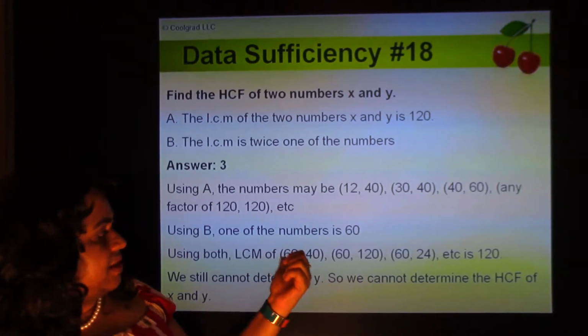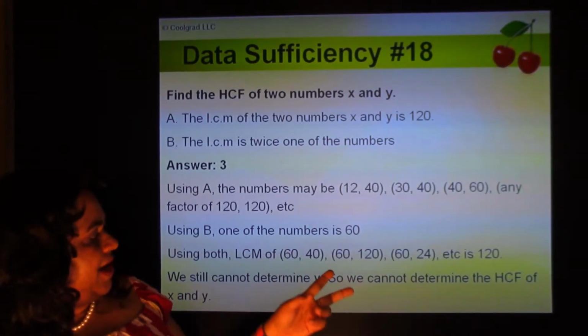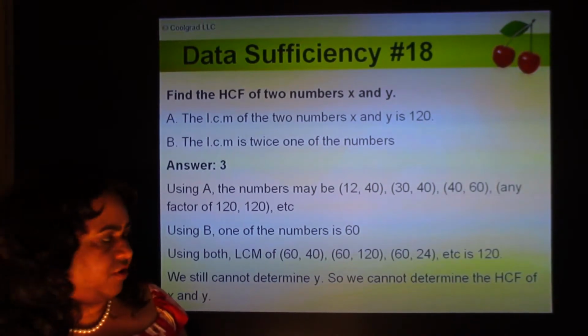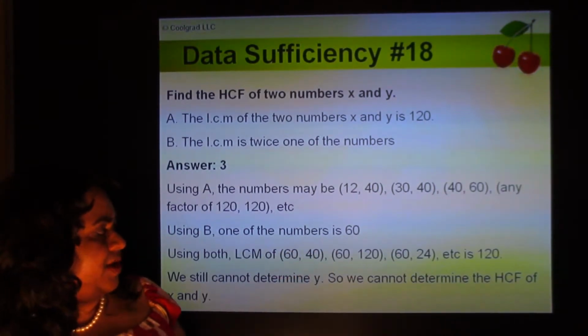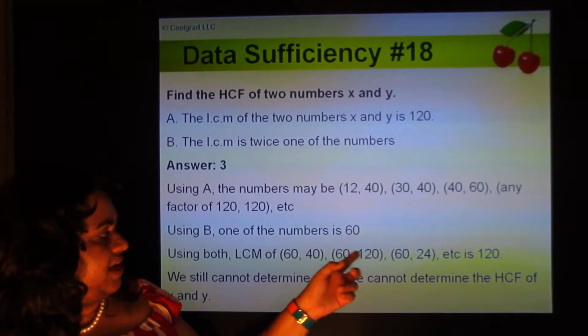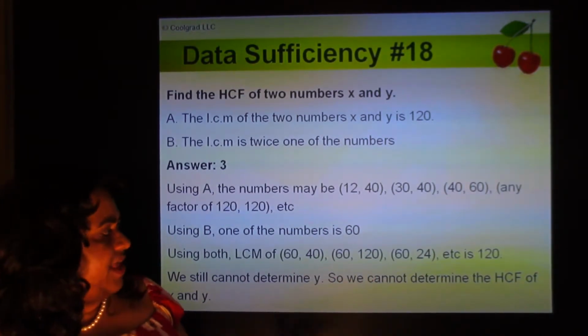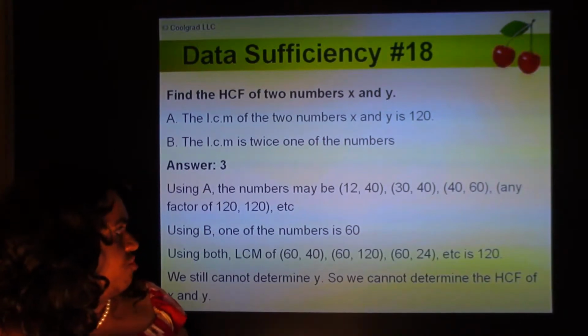Okay, so these are some possible solutions. Suppose you had the numbers as 60 and 40. So what would be their HCF, highest common factor? Their highest common factor would be 20. Suppose the numbers were 60 and 120. Their highest common factor would be 60. So I'm saying we can't arrive at a unique solution.